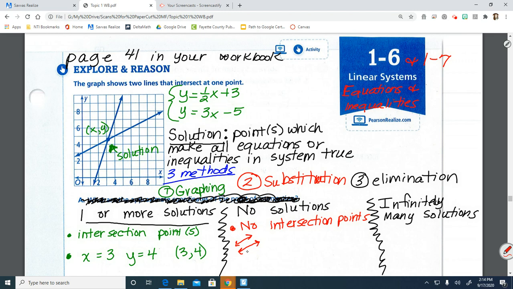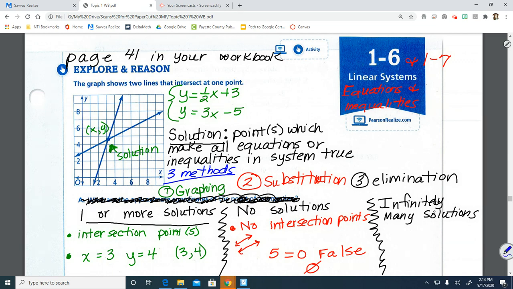And if you are solving this algebraically without looking at a graph, which is what you'll be doing most of the time in this section, you'll end up with some kind of number sentence that doesn't make sense. Like you might have 5 equals 0, which is a false statement. 5 does not equal 0, that is false. So you would write no solution, or you could use the symbol for no solution.